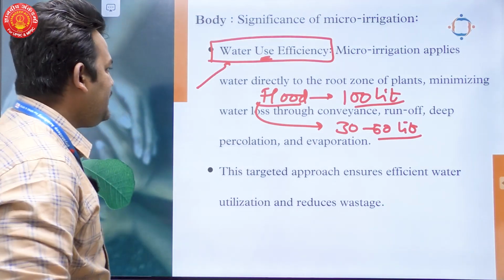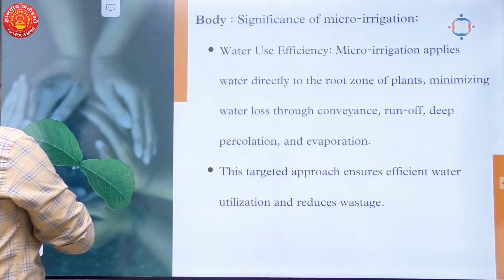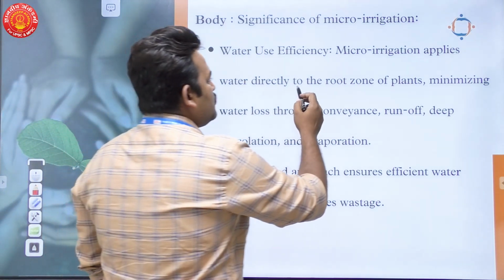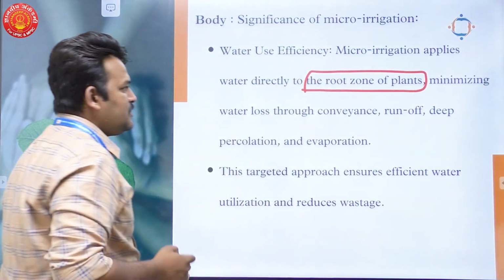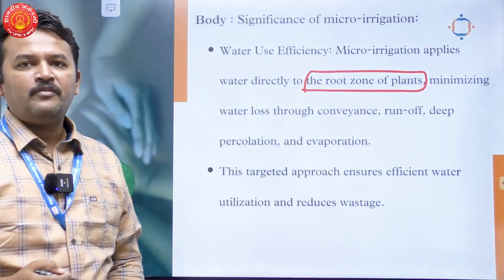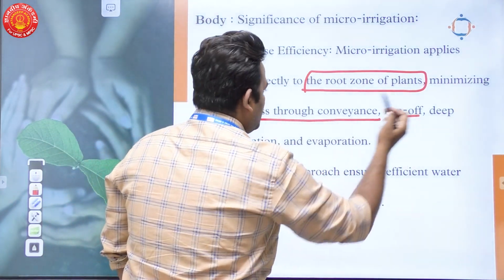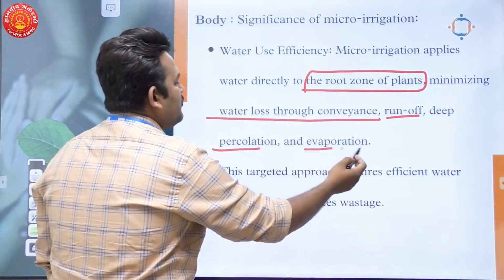So there is a direct saving of water. Micro irrigation applies water directly to the root zone of the plants, hence it reduces wastage, minimizing water losses through conveyance, runoff, deep percolation and evaporation.